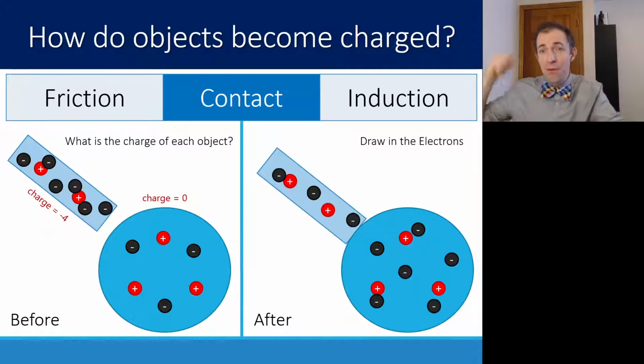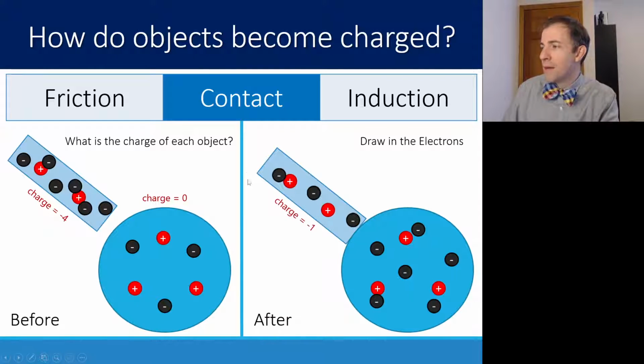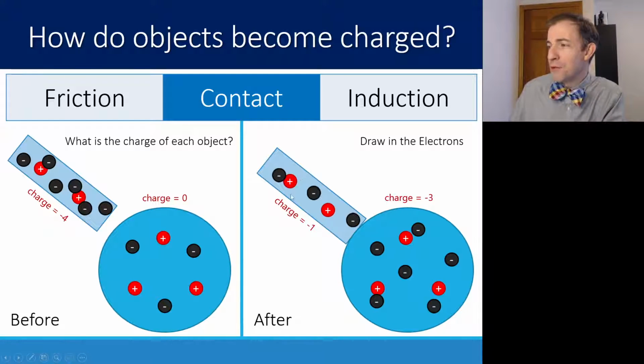And if I were to remove them and separate them now, I would see that this rectangle has a charge of -1. There's still more electrons than protons, just not as big of a charge as before. And now this circle has a charge of -3. More electrons than protons. We see through contact that charge is allowed to spread out.